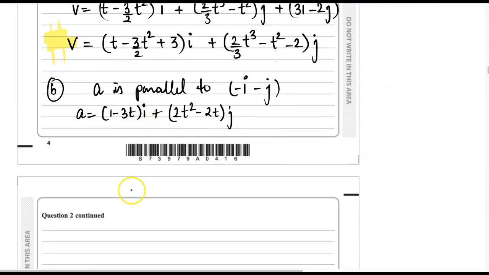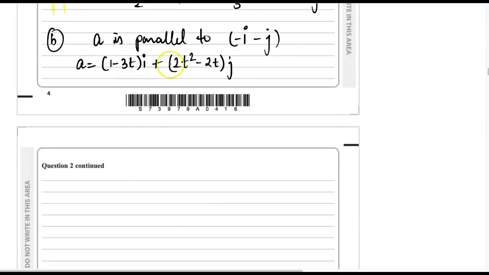Now what we can do, because it's parallel, we are going to be equating i vector. Can we say that i component of acceleration, 1 minus 3t, over j component, 2t squared minus 2t, is equal to minus 1 over minus 1 for that vector.